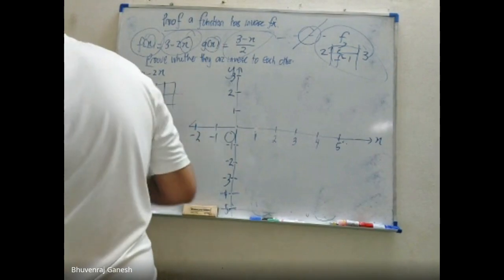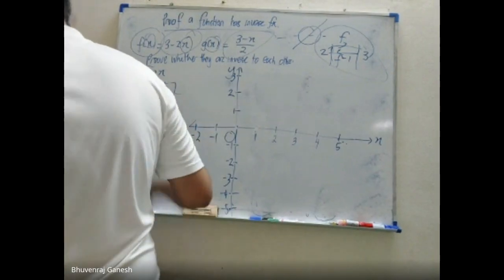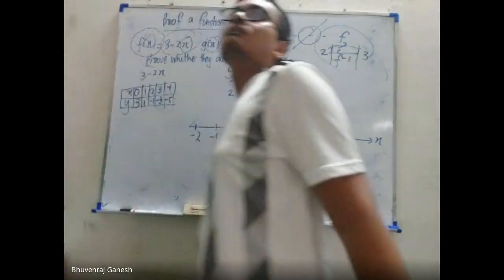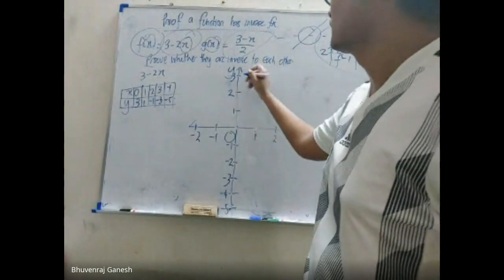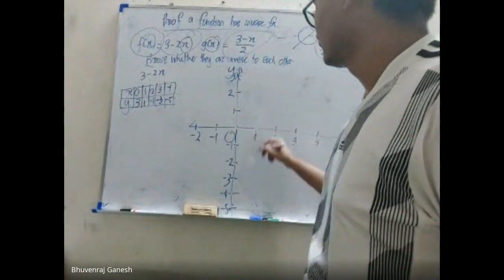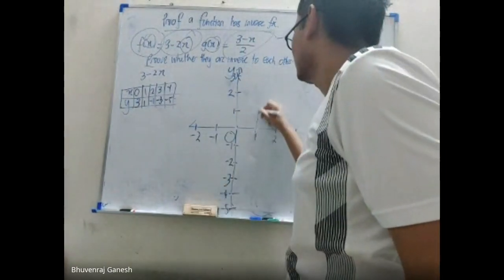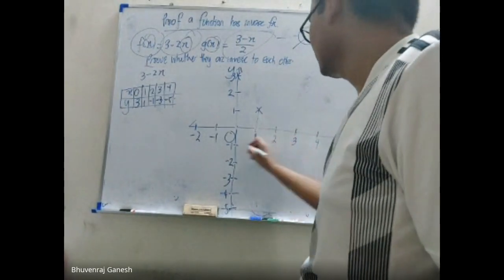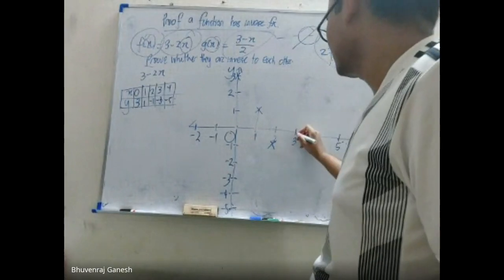0, 3, 1, 1, 2, negative 1, 3, negative 3, and 4, negative 5. So you can see here that, let's say I plot 0, 3, and 1, 1. So 1, 1 will be somewhere here. 2, negative 1. 3, negative 3.